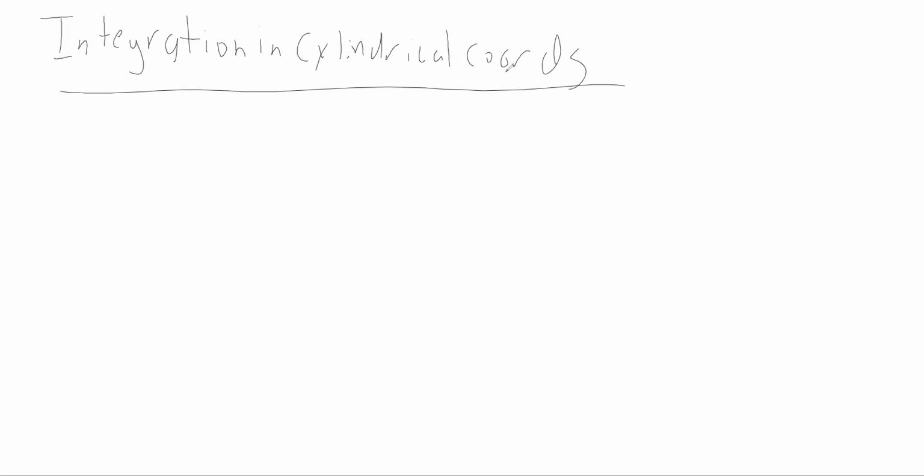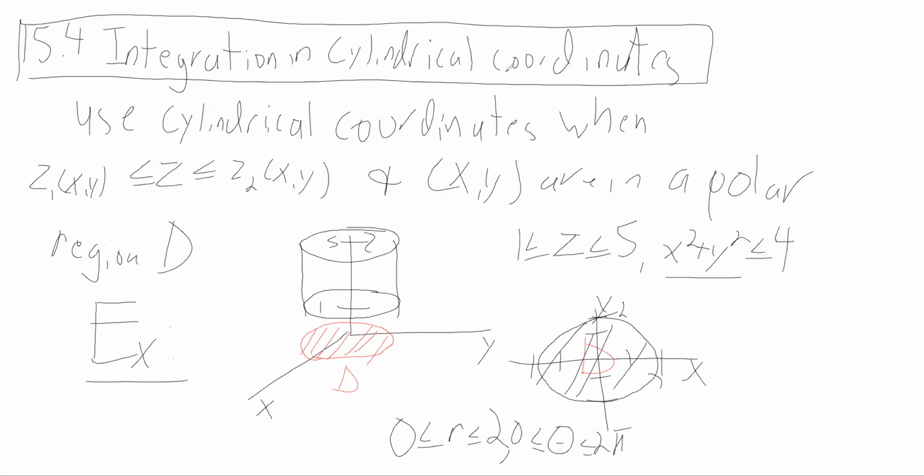So suppose z is bounded between... so now basically the only difference is, normally if we integrate over a region of this type, where z is bounded by functions of x and y, and x and y live in a polar region, what we would normally do is integrate with respect to z first because it's bounded by functions.